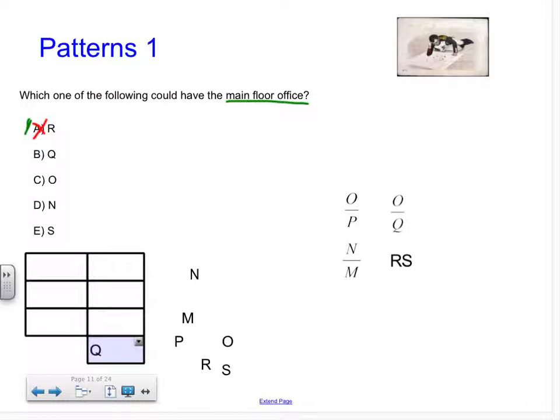So O is on top of P and Q. So let's put O on the top floor so that it is guaranteed to be above P and Q. Another one that's on top is N. N is above M. So let's put N towards the top. I know that R and S need to be together, so let's put R and S here. And what do we have left? We have M and P.